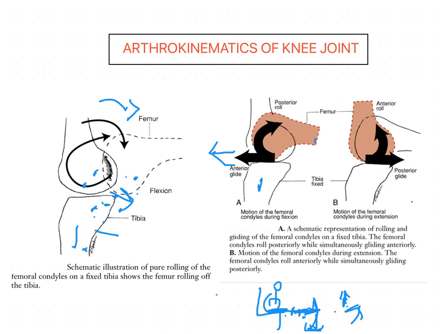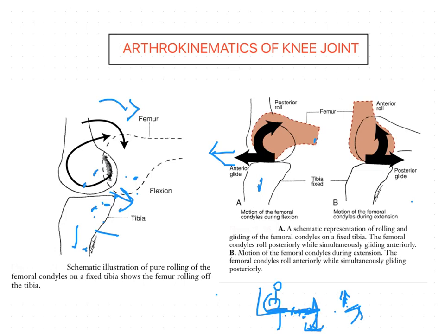Here we have to use the concavo-convex rule. When the convex surface is moving on the concave plateau, the opposite movement takes place. So these are the arthrokinematic, intra-articular motions during flexion and extension.